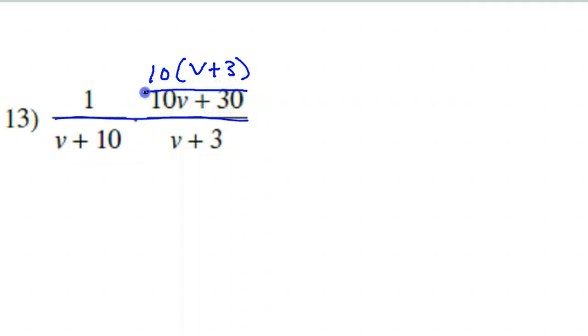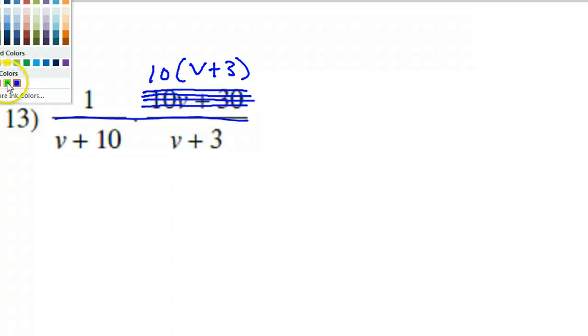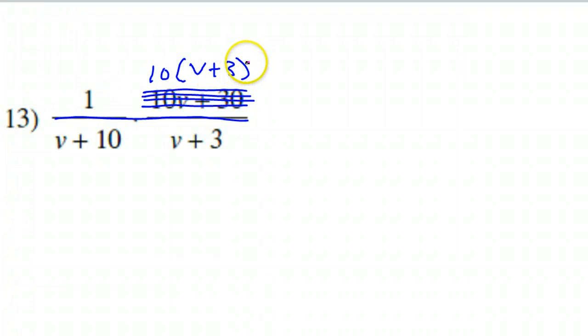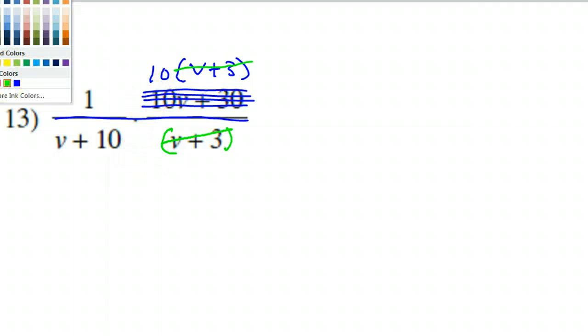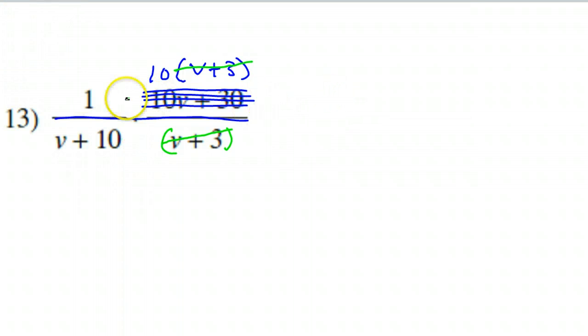So I've now replaced 10v plus 30 with 10 times v plus 3. So with that in mind, the v plus 3 will cancel out with the v plus 3 in the denominator. So far, that leaves me with this.